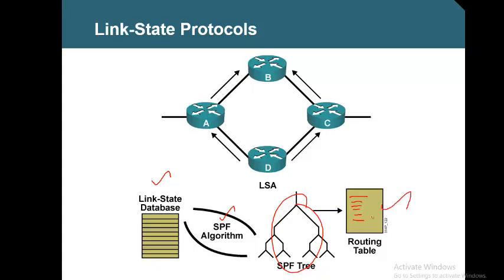So if you see here, there is a big difference between the other protocols and this protocol. Distance vector protocols don't advertise all the link status. They don't advertise all routes, they advertise only the best routes from the routing table.